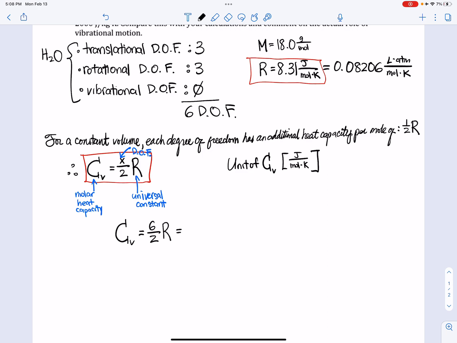And that is going to be 3 times our given R right here, which is 8.31 joules per mole times Kelvin. So that comes out to the molar heat capacity is equal to 24.9 joules per mole times Kelvin.